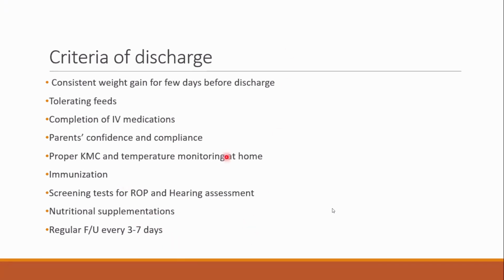So these are the criteria of discharge, and they should follow up every 3 to 7 days until they reach 2.5 kg or 37 completed weeks. So: consistent weight gain for a few days before discharge, tolerating feed, completion of IV medication, parent confident enough to take care of the baby, can provide proper KMC, has started immunization, has had screening tests for ROP, and completed regular nutrition supplements, then we can discharge the baby.